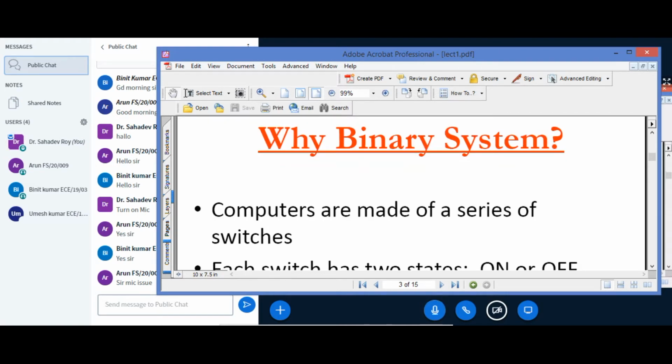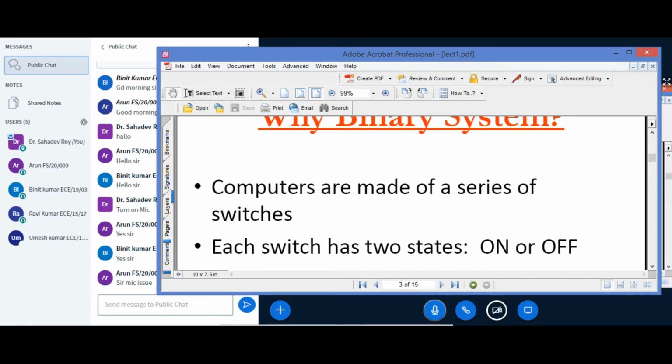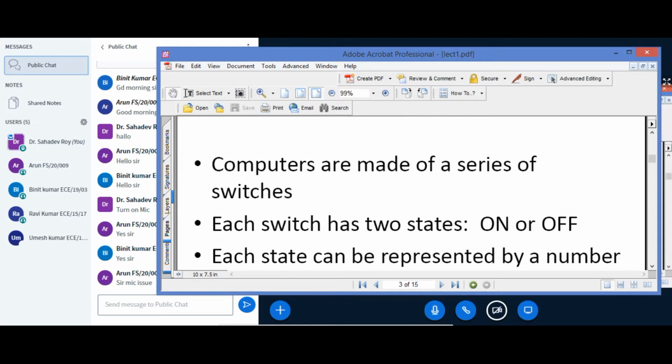So why binary system? Computers are made of a series of switches. For a switch, on and off, 0 and 1 mean high voltage and low voltage is required. When it is high, then 1, low, then 0.